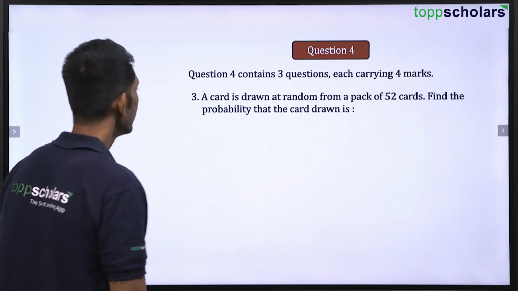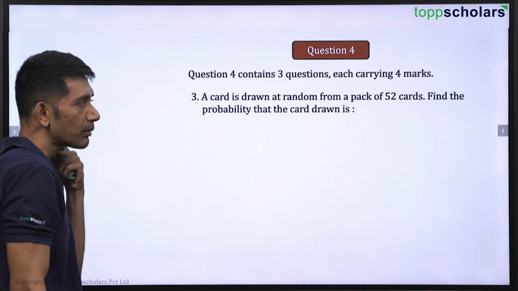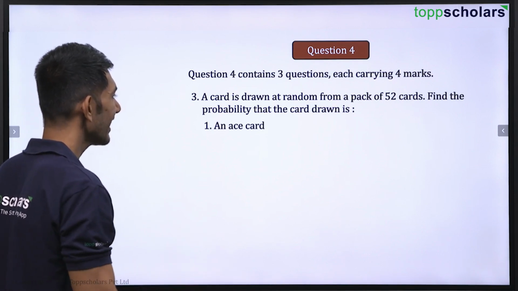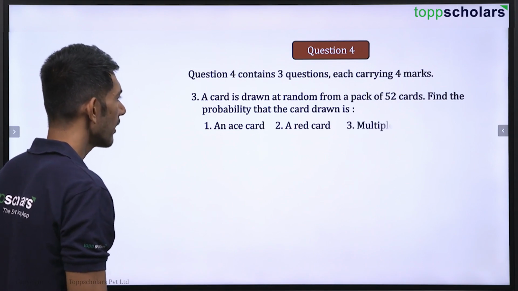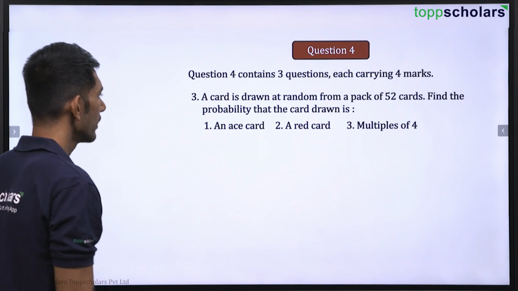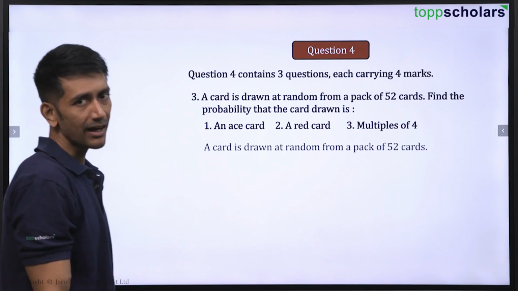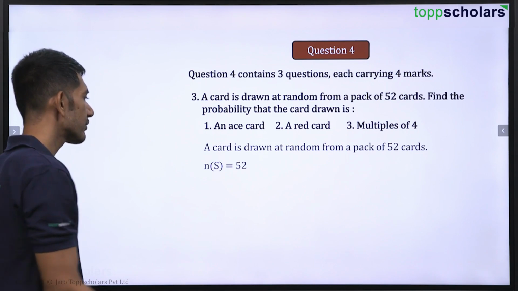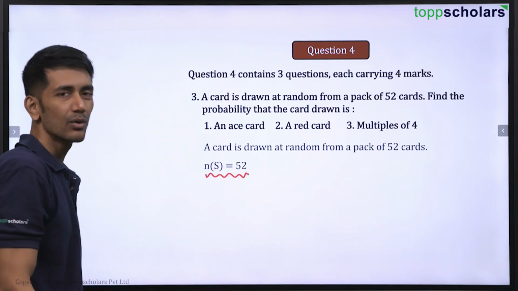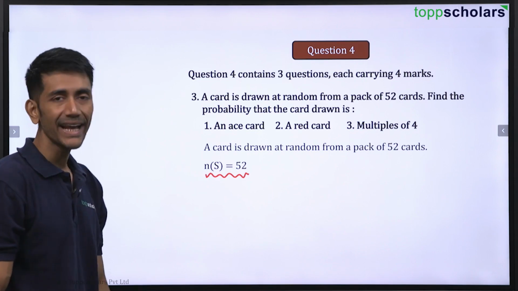It says, a card is drawn at random from a pack of 52 cards. Find the probability that the card drawn is an ace card, a red card, multiples of 4. Okay, 3 questions. So firstly, how many cards are there? 52. So can I say n of S is 52? Number of elements in the sample space is 52. Now, we are supposed to draw an ace card.